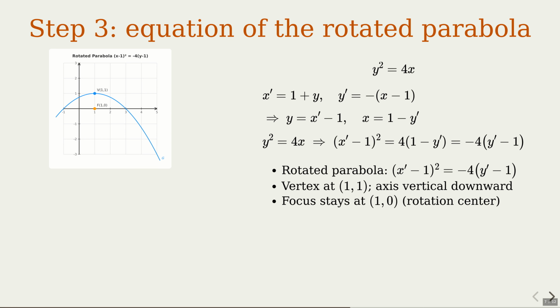Because we rotated around the focus, that point remains fixed at (1, 0) for the rotated parabola. From now on, we will drop the primes and think of this rotated parabola as having equation (x − 1)² = −4(y − 1) in our usual xy plane.